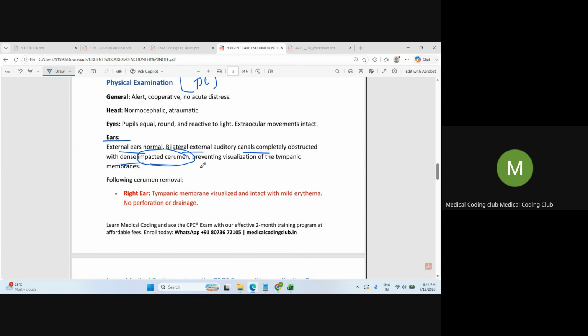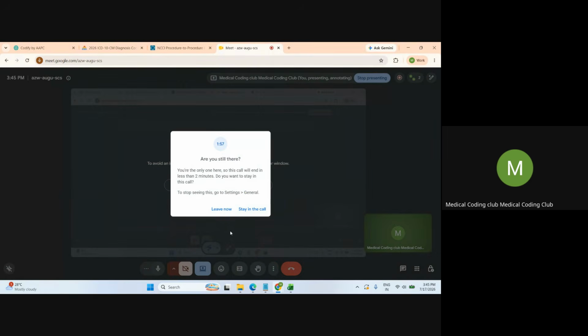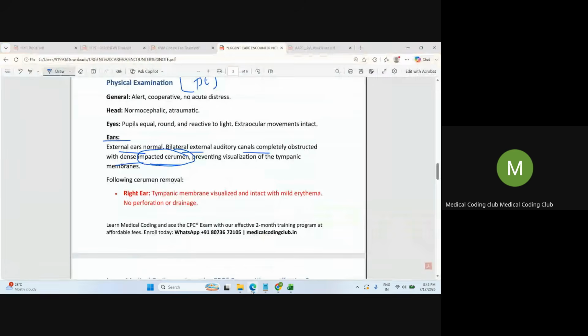But what if it becomes tight, formed in a tight formation where it is not even moving, like too much earwax in the patient's ear, and that caused decreased hearing, not completely hearing loss, but decreased hearing. That is what impacted cerumen refers to.